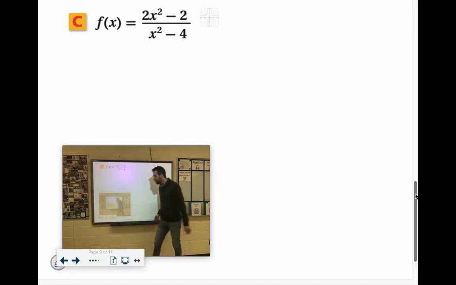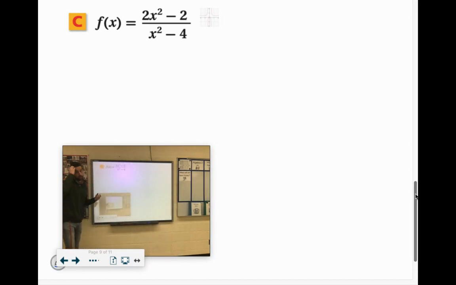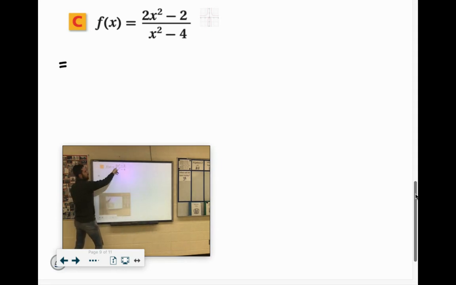And when that happens, you're going to have the vertical asymptote, the horizontal asymptote. I keep getting them confused in my head. Let's factor it out. If we have our common factor of 2 up in the numerator, it would say x squared minus 1.